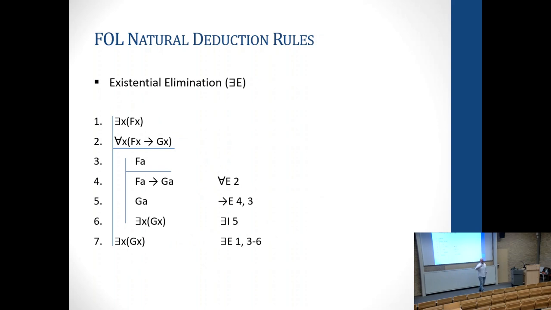Then we can take that back out into the main proof line through existential elimination, citing the existential, and the subproof where we use the arbitrary name. Okay.